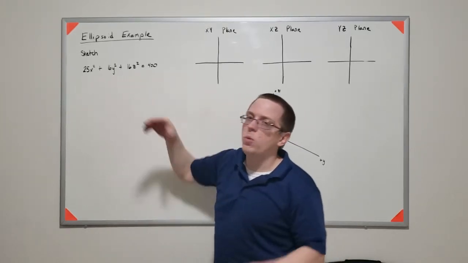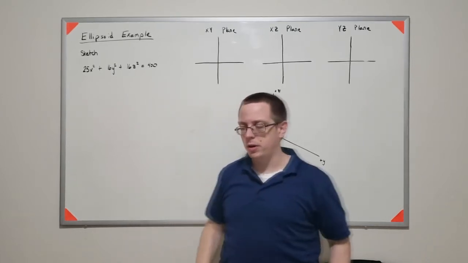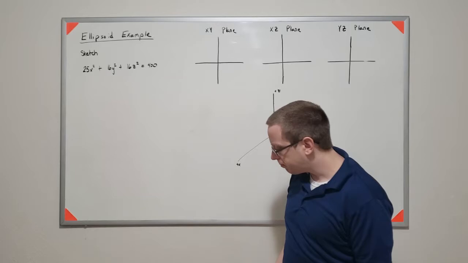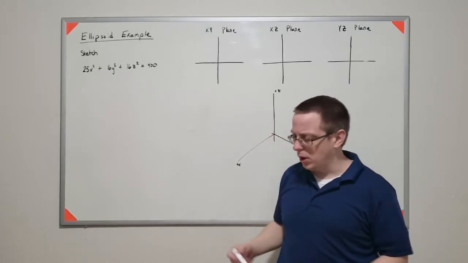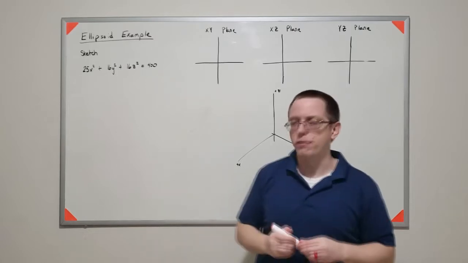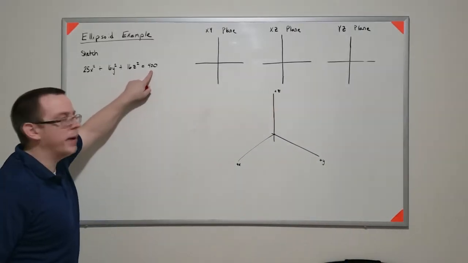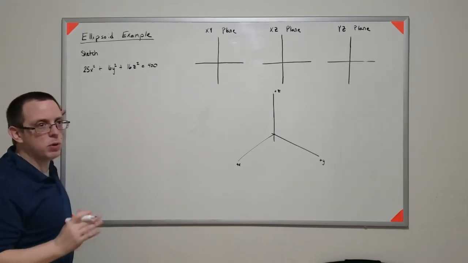So knowing that, we need to transform it into the standard ellipsoid equation. To do that, we're going to perform a little bit of algebra and get it in the right form. Remember that an ellipsoid requires this number to be 1. So let's divide both sides by 400.